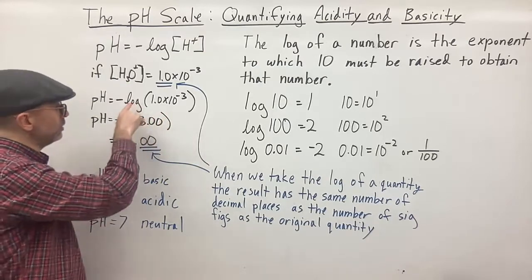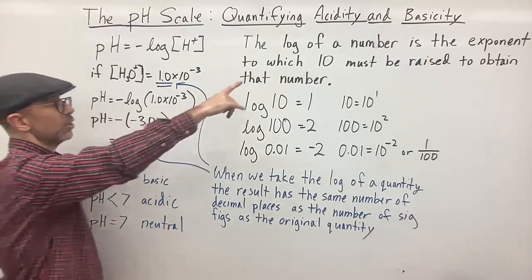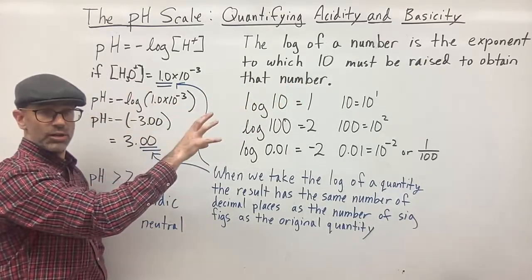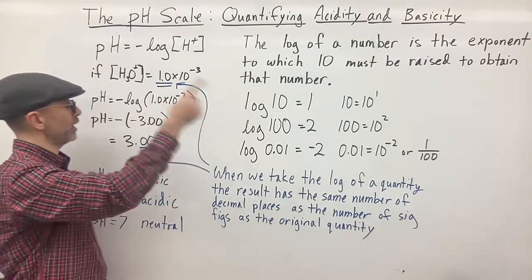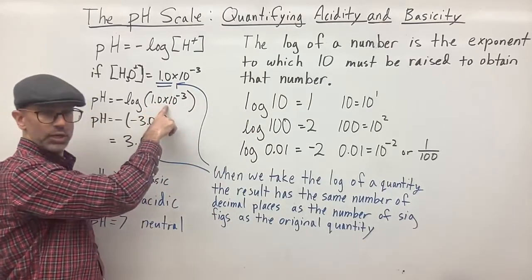Remember, we're going to take the log of this number. Again, the log is the exponent to which we must raise 10 to get to this number, 1.0 times 10 to the negative 3.